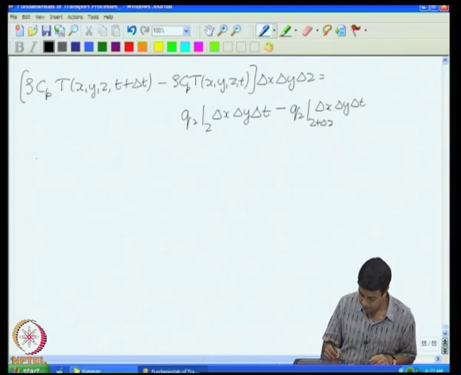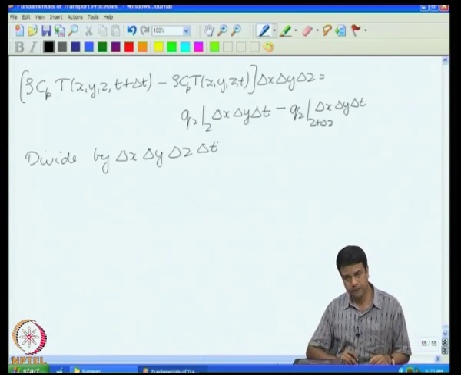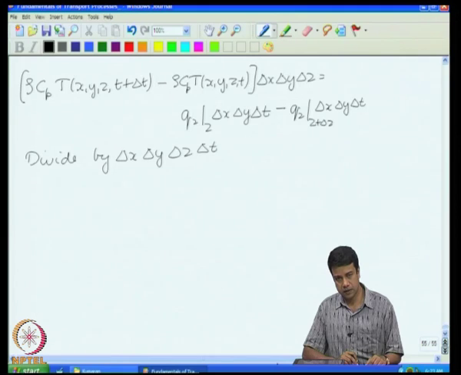Now, divide by delta x, delta y, delta z, delta t. Dividing by the volume and by the time interval.